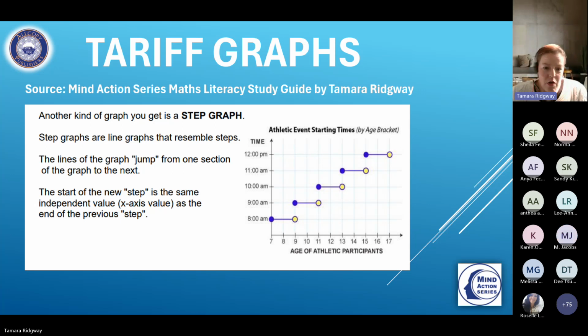Okay, so then we get onto tariff graphs, which hit all of us by surprise quite a few years ago when it made its way into the first exam. Again, rightly so, but some of us had never thought that way. It's quite exciting because it's quite a real graph for the kids to be able to understand.